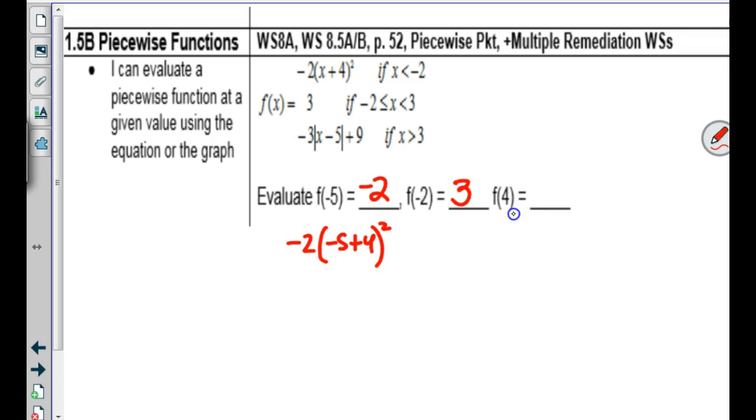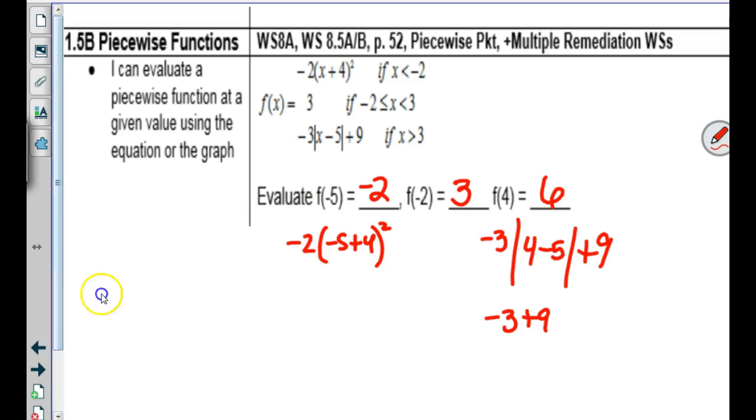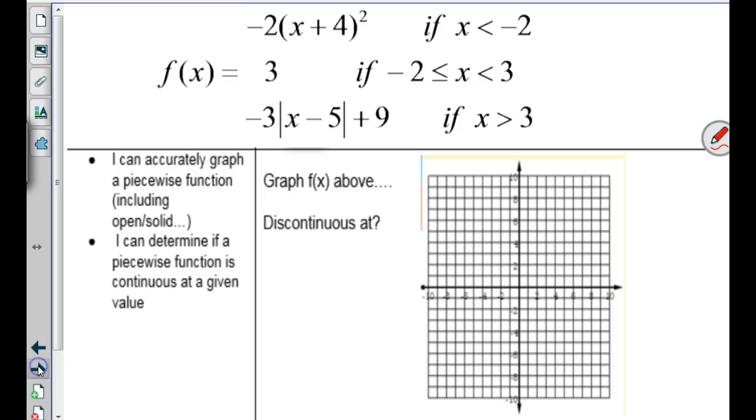If I put a 4 in, I'm following the last rule. This becomes -1, but the absolute value makes it +1. But then when I multiply it by -3, I'm back to -3. So I got 6. Everybody okay?